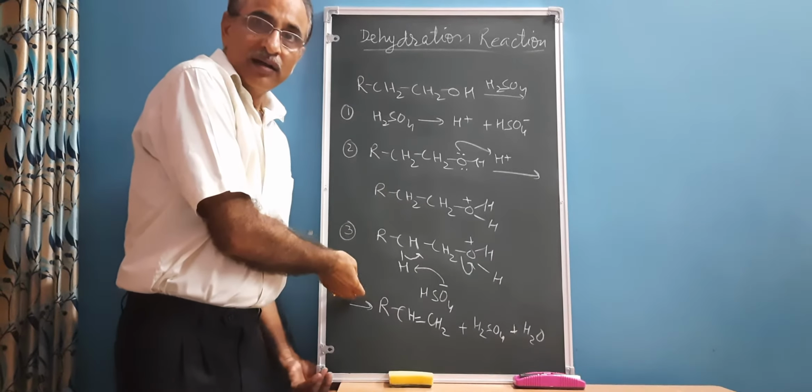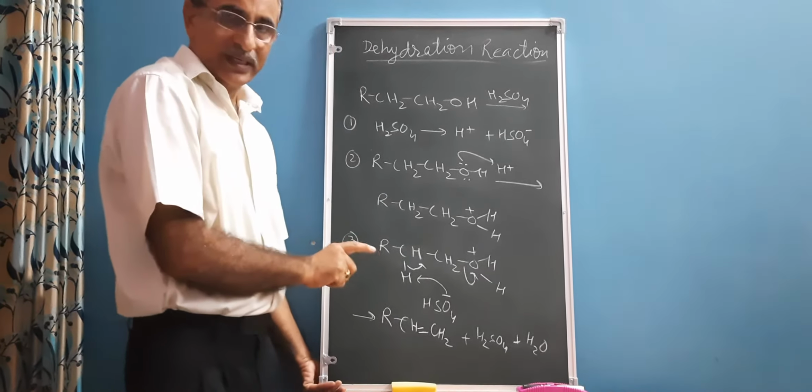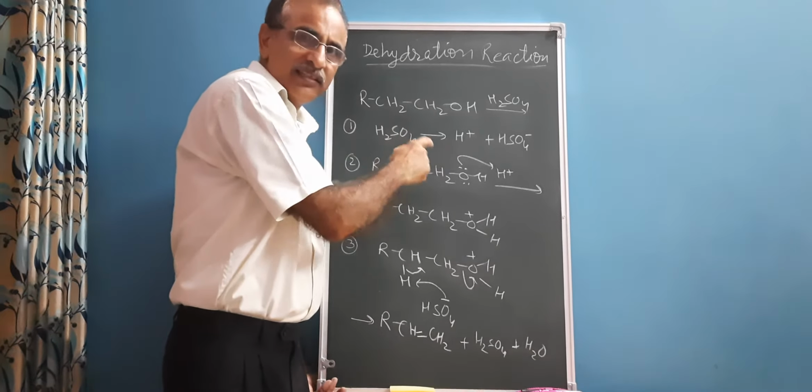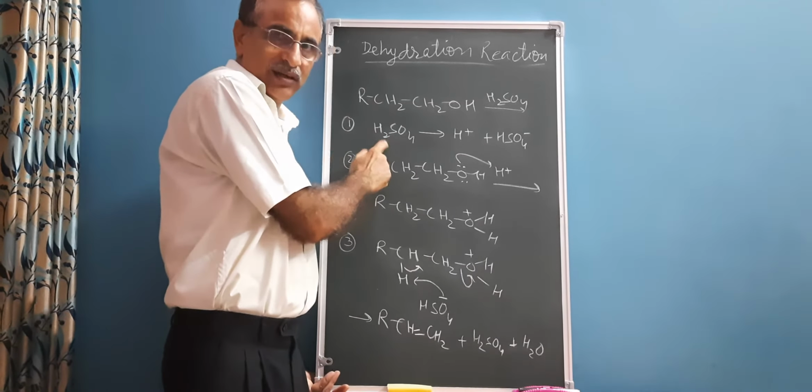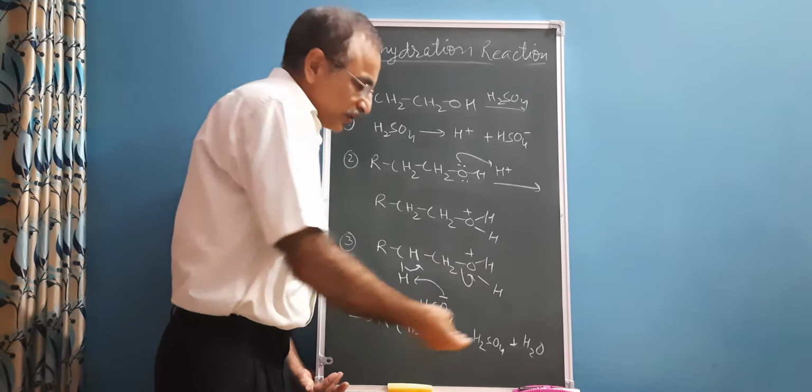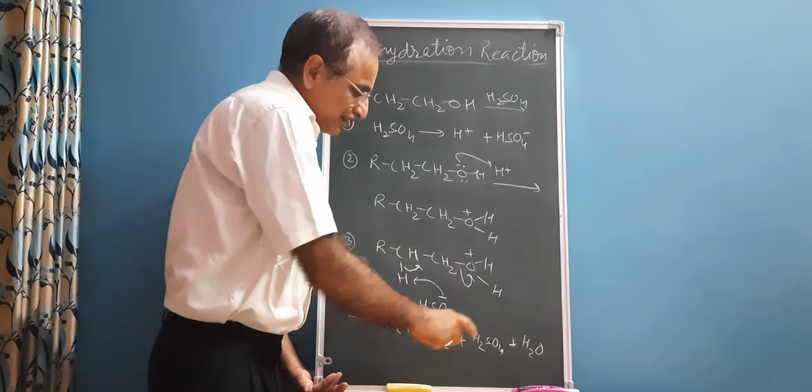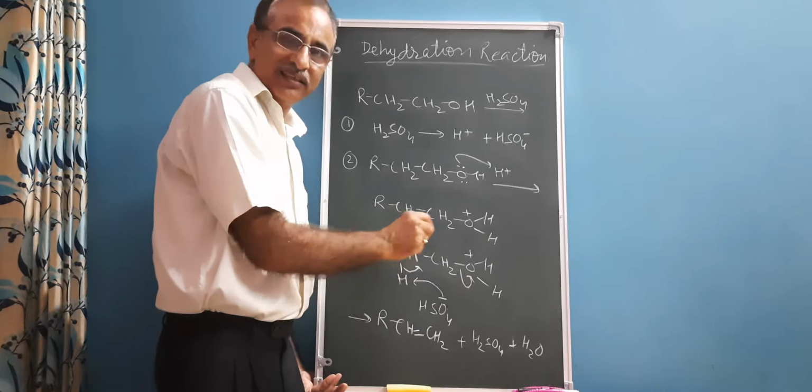Here in this reaction we can observe that whatever be the initial concentration of sulfuric acid, after the end of reaction, due to formation of water, concentration of sulfuric acid decreases.